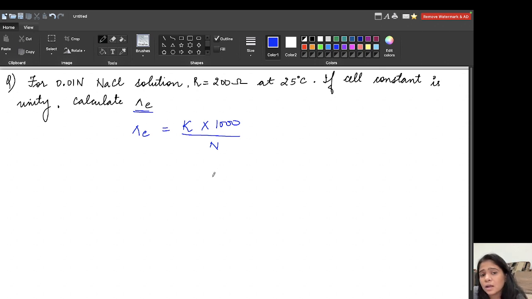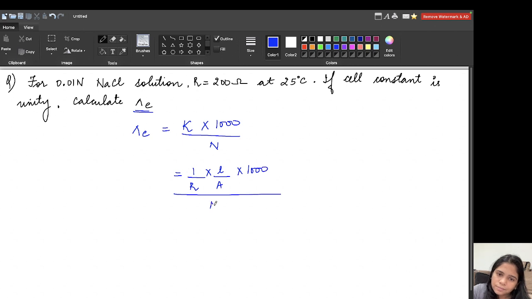We need to find lambda E. What was kappa? Conductivity, right? Kappa was your conductivity. So conductivity was 1 upon R into L upon A, into 1000. This full divide by N.